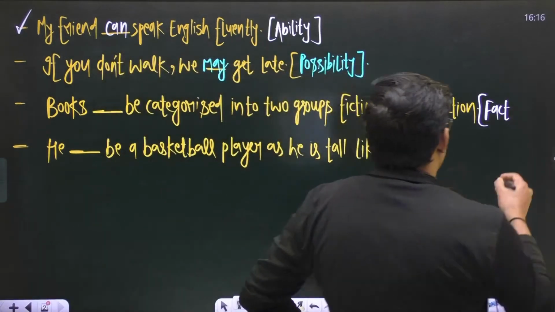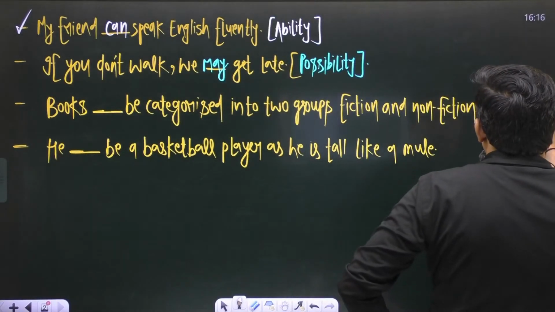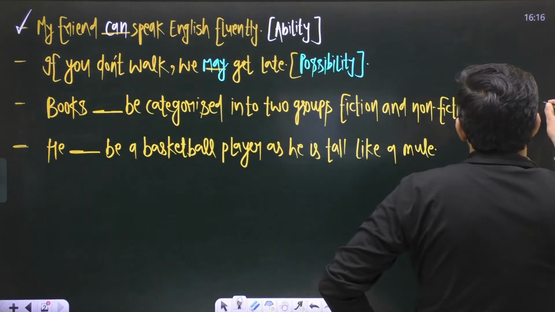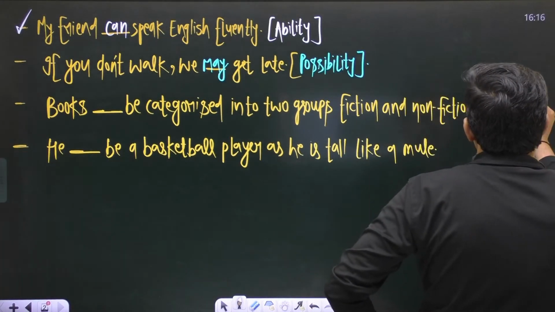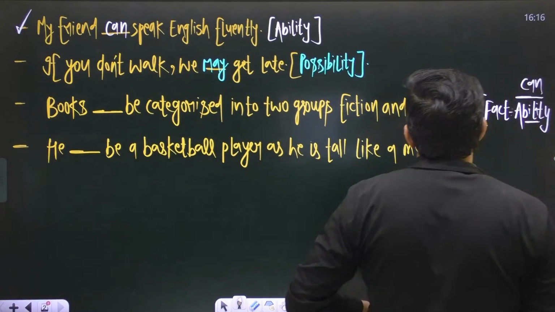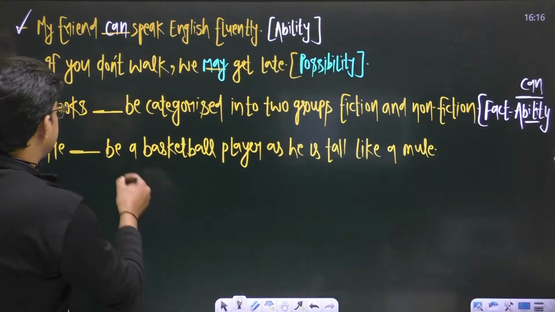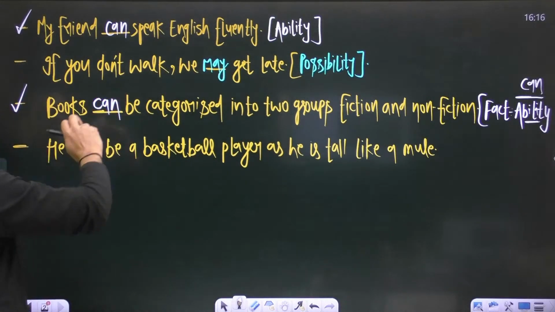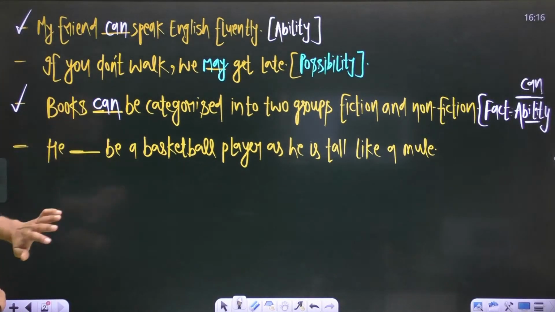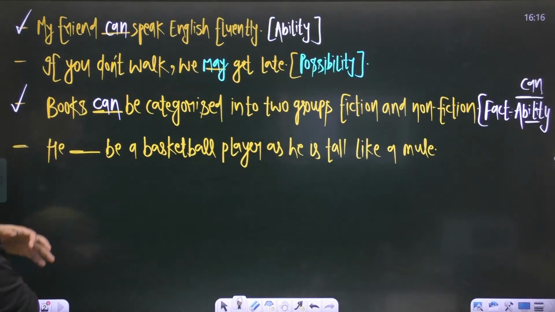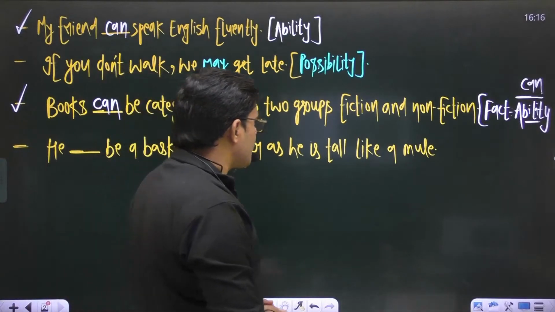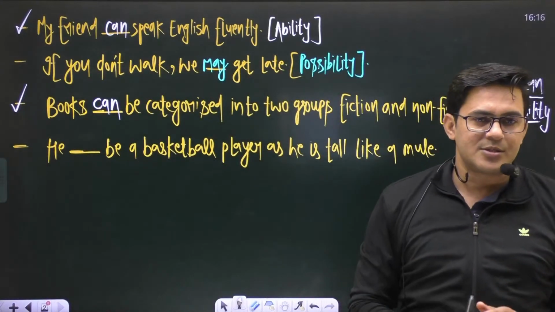And to talk about ability we have to use can in this particular sentence. Whenever a fact is given in a sentence, that is always ability, and we always use can. So the sentence will be, books can be categorized into two groups, fiction and non-fiction. This is a pure fact.